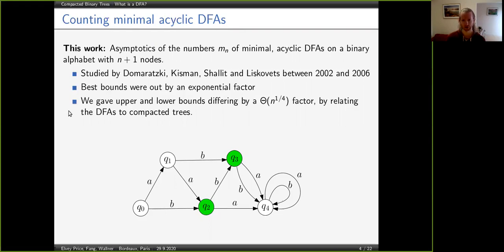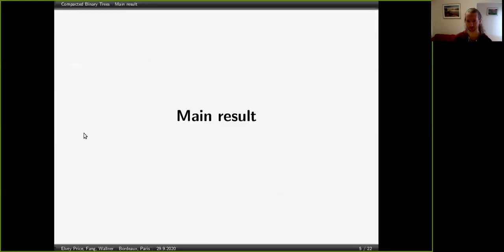So in previous work, we gave upper and lower bounds which differ just by an n to the 1 on 4 factor by a relationship with another problem that we worked on, that is that of counting compacted trees. So in this work, we've done even better.